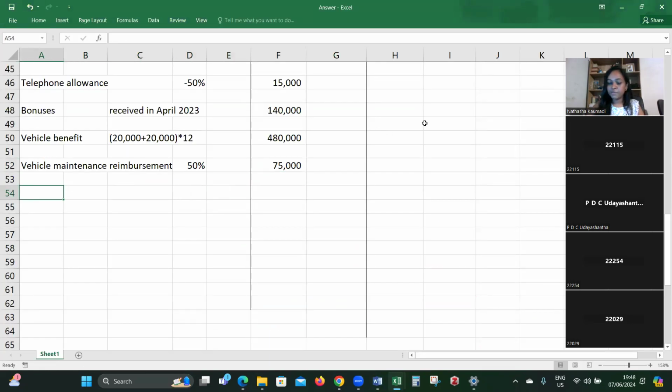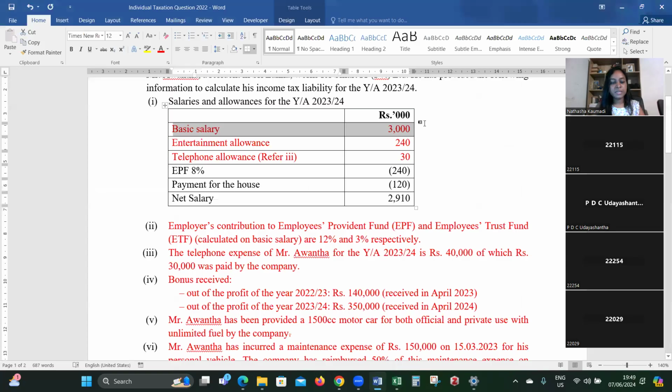We'll write it as value of benefit from residence. Right, 12.5% of what is the basic salary now? Now you don't have to consider monthly salary. Anyway, throughout the year, for the whole year of assessment, this benefit is there.